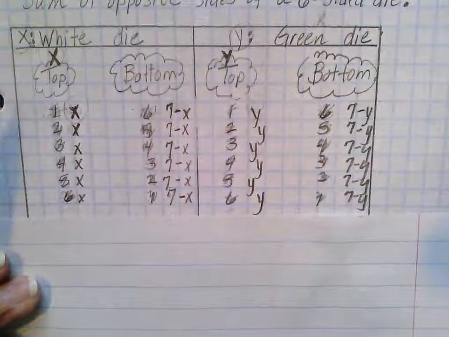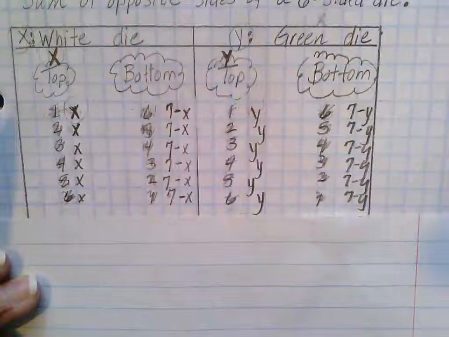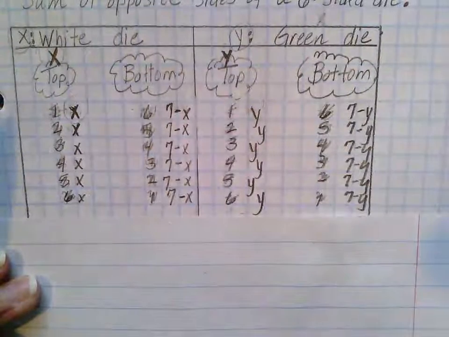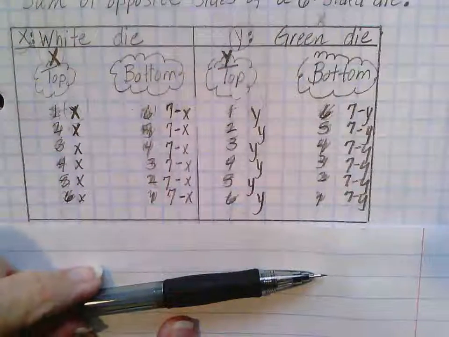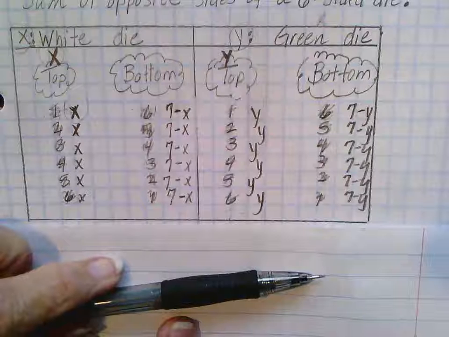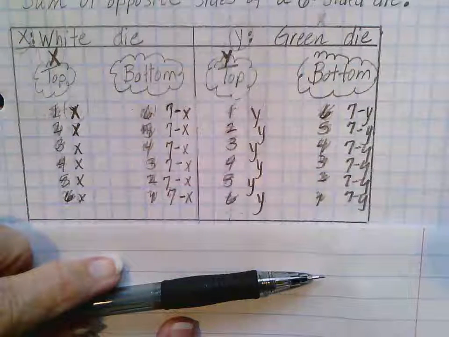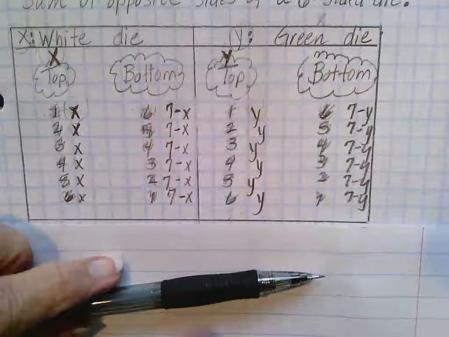I'm going to stop the video now. You're going to need to go to part 2. And on part 2, we're going to use this chart, and we are going to figure out algebraically why, when you sum the products, as was described in the trick, it always equals 49.